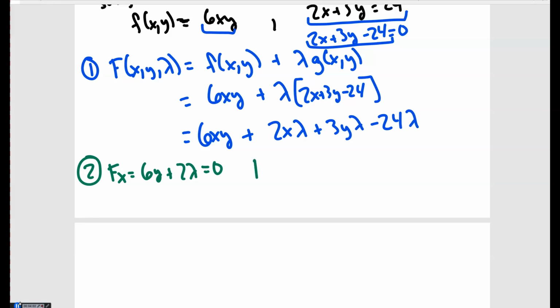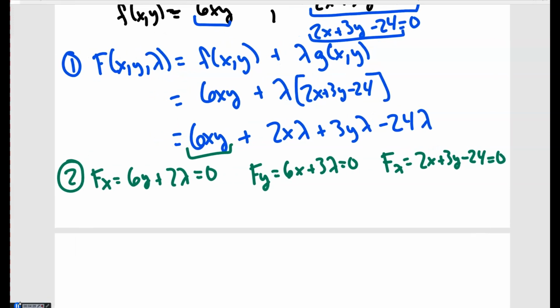Then we take the partial derivative with respect to y. The y goes away: 6x plus 3 lambda equals 0. And then we find f lambda, which is 2x plus 3y minus 24, and I'm going to set that equal to 0.